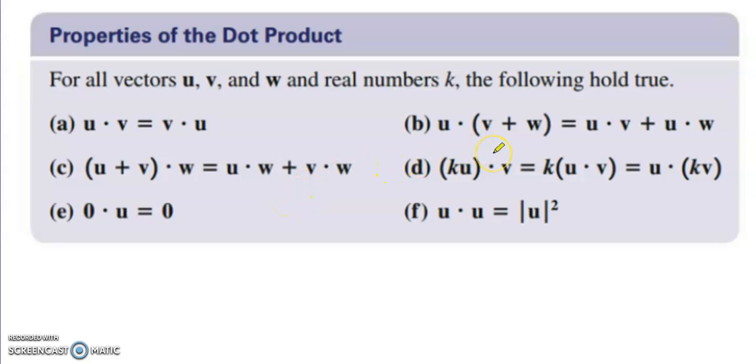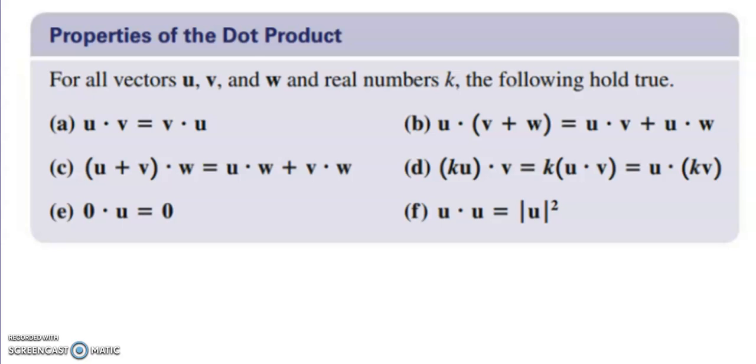It's commutative when it comes to multiplication. So if I say scalar times u dot v, that would be the same thing as saying scalar times u dot v or u dot scalar times v. Either of those. Doing a dot product with 0 is 0, and if you do u dot itself, that's going to give us the magnitude squared.